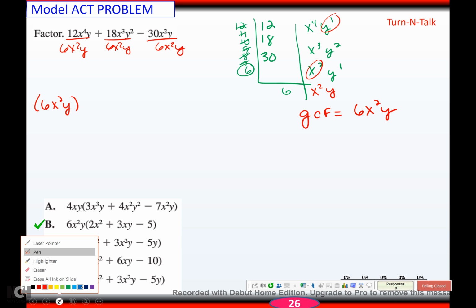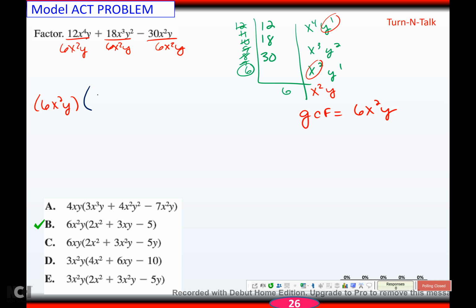And I will get, give me just a second, I'm going to get 2x to the 2nd, y to the 0, because 1 minus 1 is 0. The next one, 18 divided by 6 is positive 3, x to the 1st, y to the 1st, because 3 minus 2 is 1, 2 minus 1 is 1.